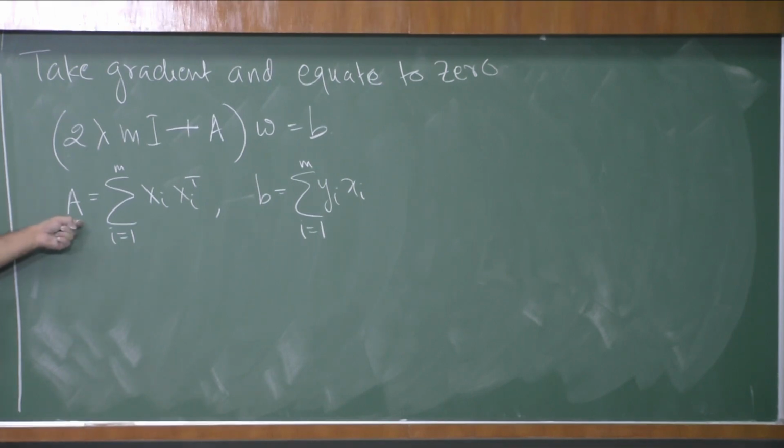The last time when we were doing linear predictor, we said that for a unique solution, we want A to be strictly positive definite, meaning no eigenvalues are zero, and hence it's non-singular, and we can invert this matrix.